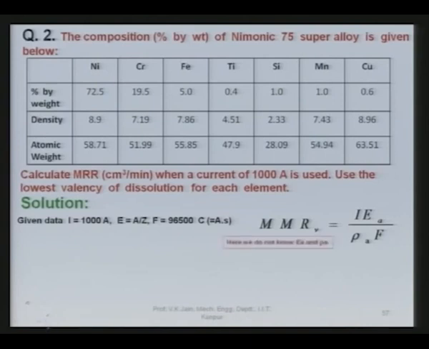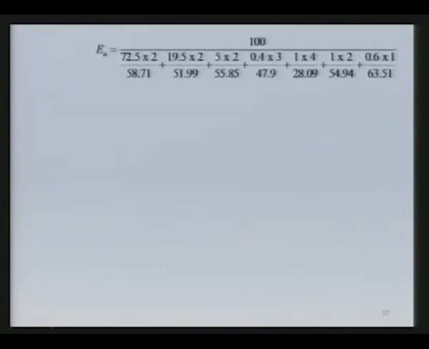We have to find the chemical equivalent of the alloy, that is not given, and we also have to find the density of the alloy, while we are given the density of the individual elements. We can find the chemical equivalent of the alloy from one of the methods that we have already discussed, that is E_A is equal to 100 divided by summation x_i z_i over a_i. As I have mentioned, you have to find the z_i from the handbook or the book on advanced machining processes.